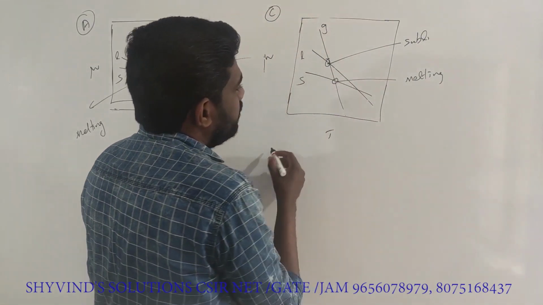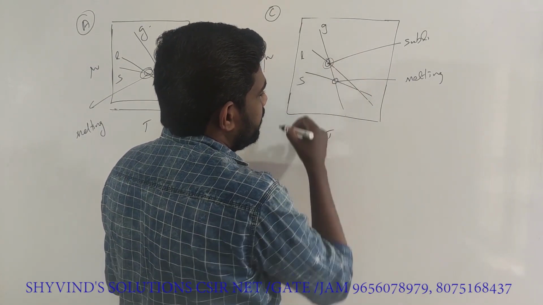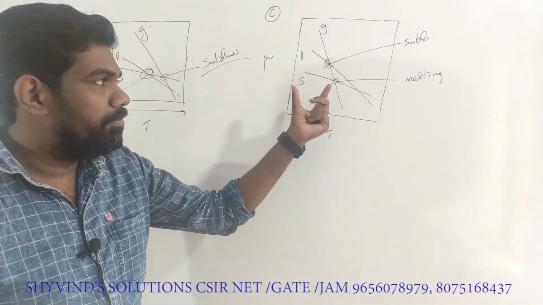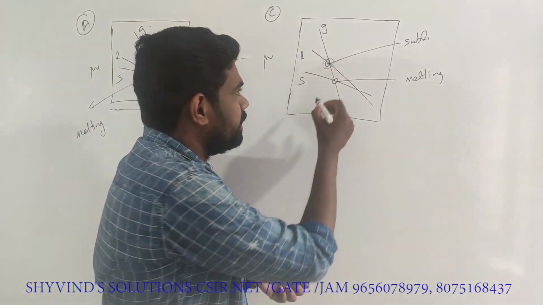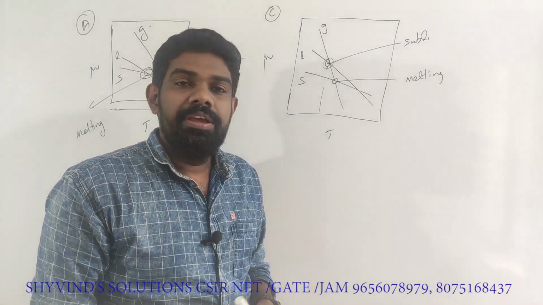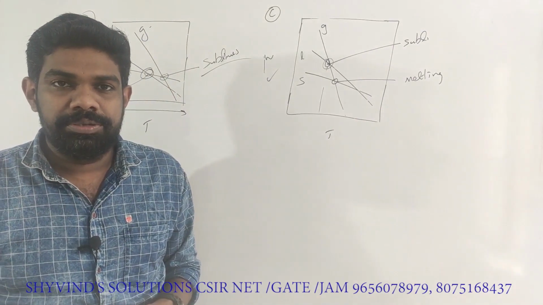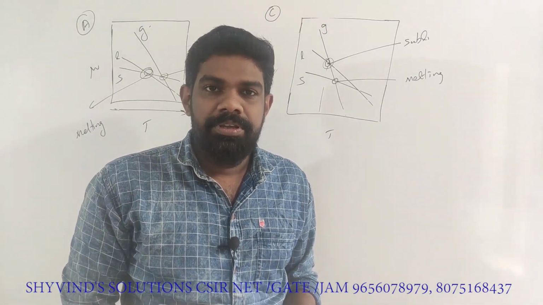You can see sublimation is reached before the melting point. So this is the correct sublimation graph. In this particular case, it is at lower temperature, sublimes before melting. So this is the graph which represents sublimation. So the answer is option C.